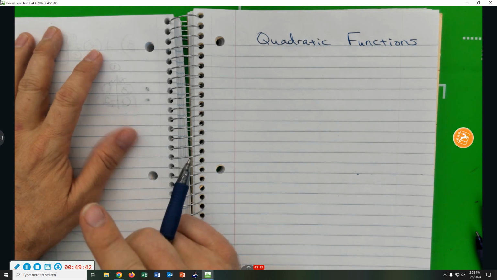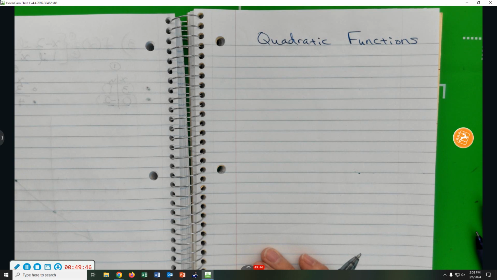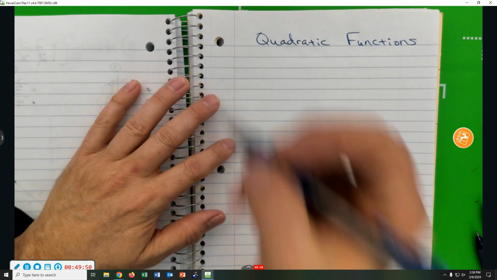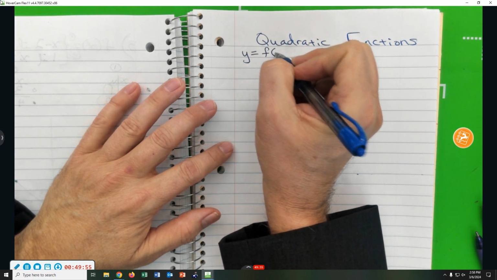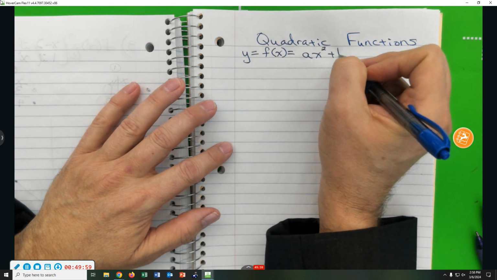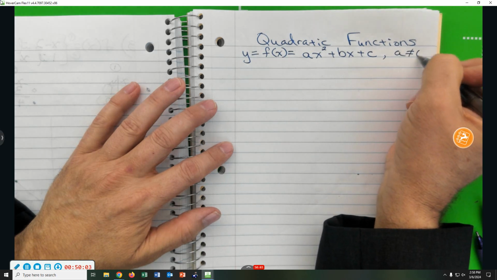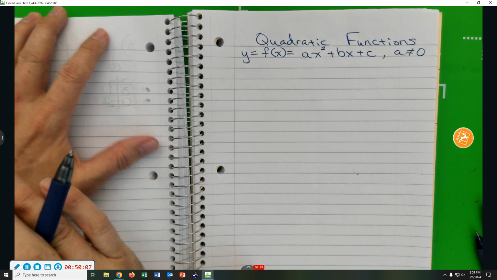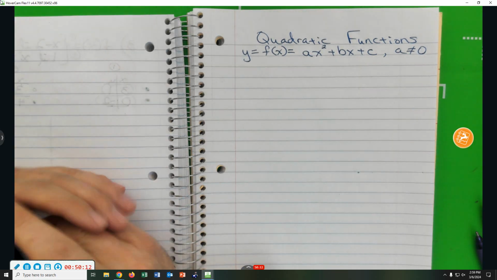If something is quadratic, what exponent has to appear in the expression? X squared, and there can't be a bigger exponent. We said a quadratic function will either be y equals or f of x equals ax squared plus bx plus c, where a doesn't equal 0. You've got to have an x squared for the equation to be quadratic. That's why I said a can't be 0.